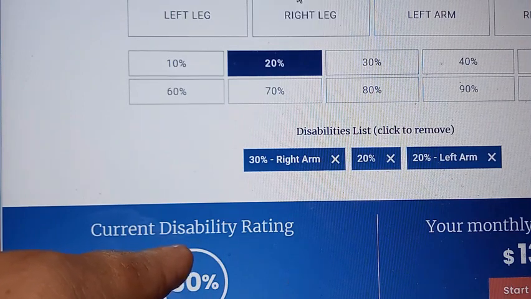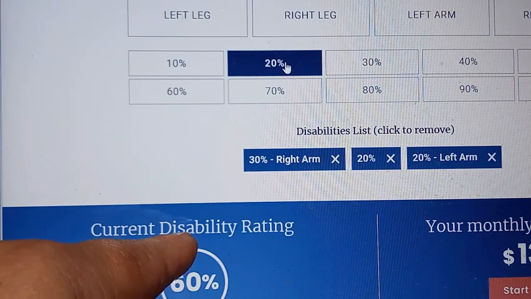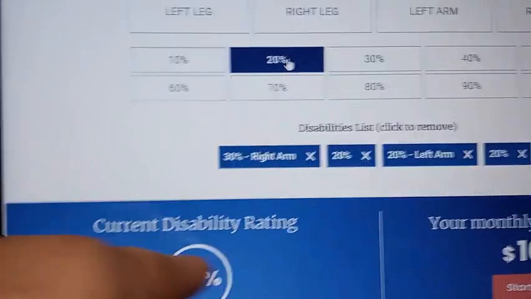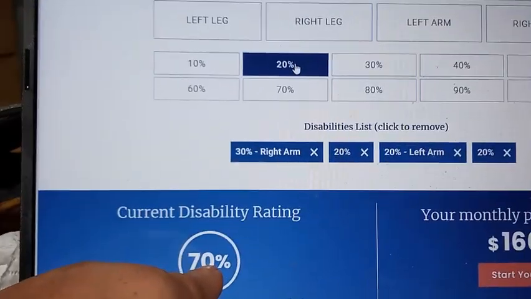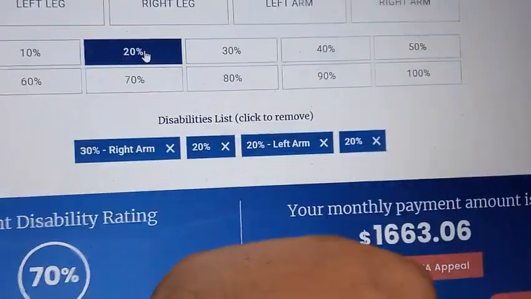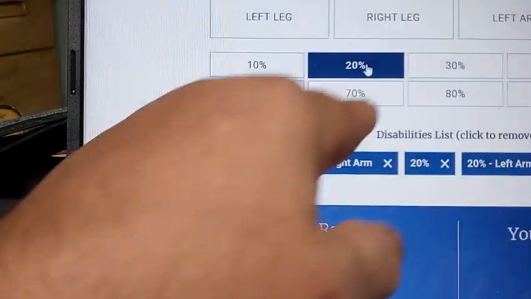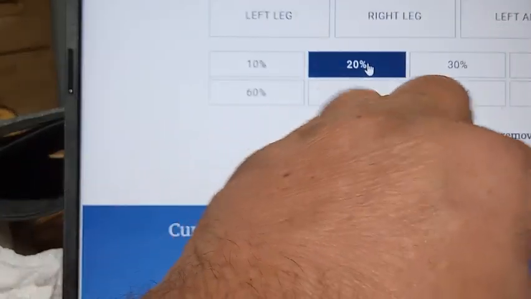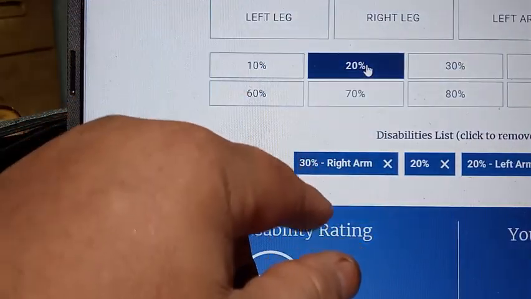I have 20% in my spine. Again, immediately it shows your rating, and it shows you how much money you're going to get. And all that stuff is right here, and you can get rid of it if you want.